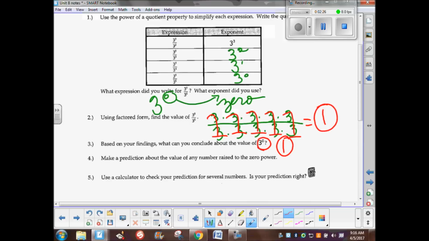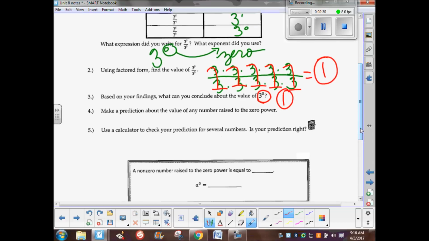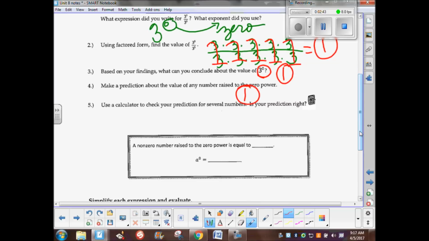1. Now it says make a prediction about the value of any number raised to the 0 power. It's going to equal 1. Now it says use your calculator to check your prediction for several numbers. Is your prediction correct? So, right side next to the windows, you type in 4 to the 0 power.